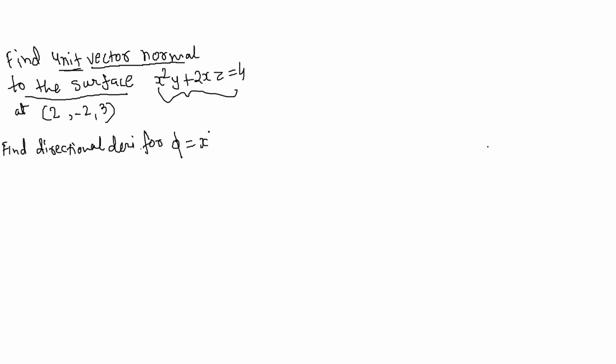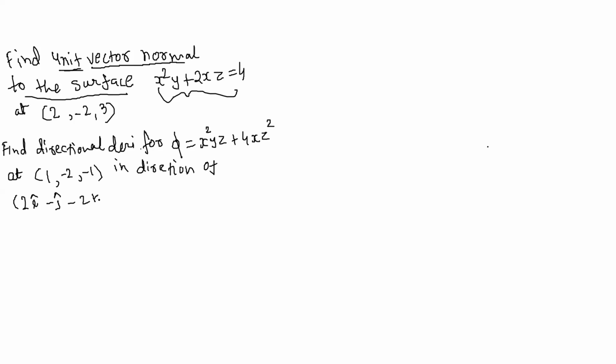for phi equal to x square yz plus 4xz square at 1, -2, -1 in the direction of 2i cap minus j cap minus 2k cap.